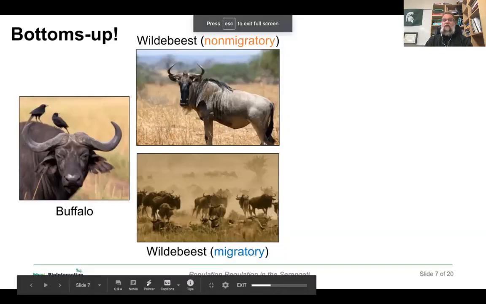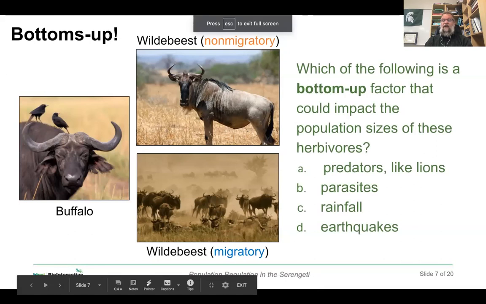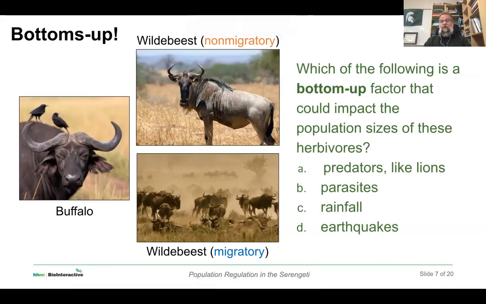So we're looking at this problem. And as I said, predators and parasites could affect the population because they could affect the things that feed on the herbivores, eat the herbivores, but they are top-down control, so those both would have to be eliminated. Earthquakes won't work because earthquakes are density independent.